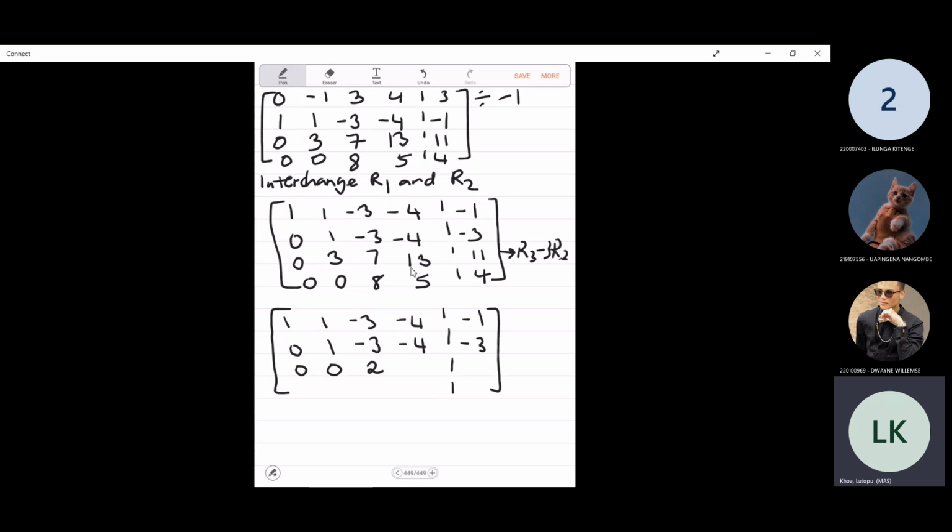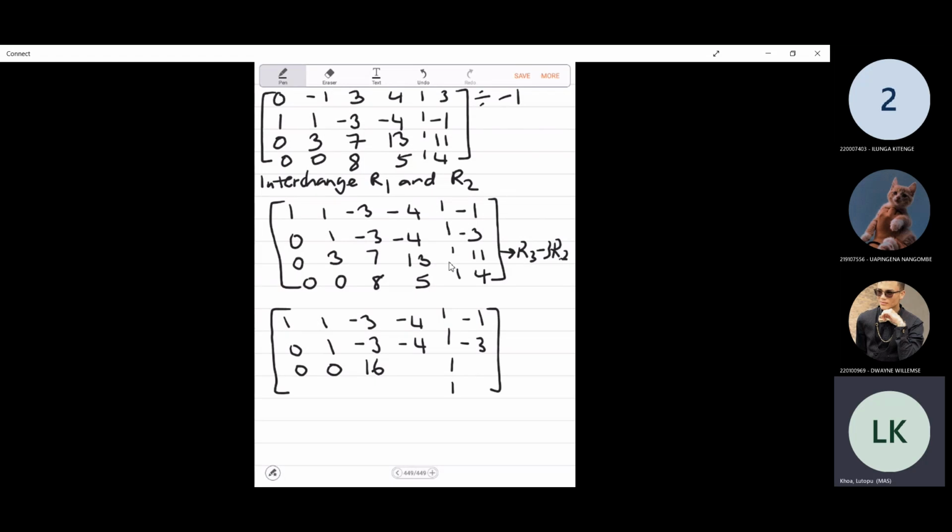And, oh no, that's not right. So this is 7 minus negative 9. This is 16. Then 13 minus negative 12.